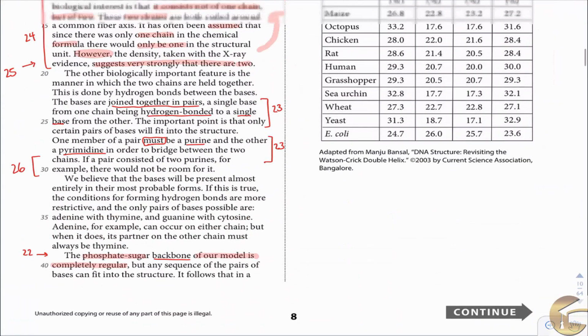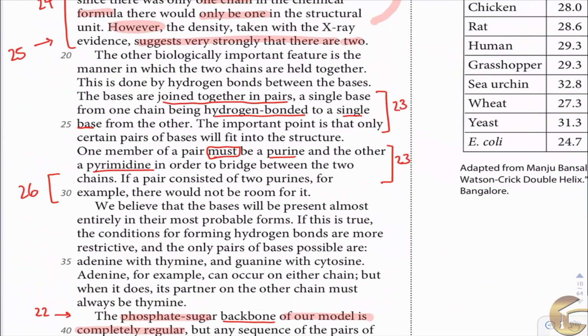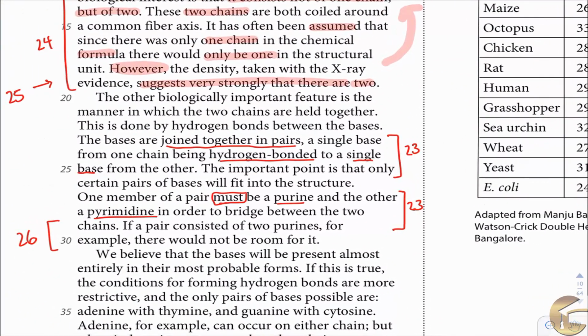So if you get your context, I'm looking at this paragraph starting on line 20, where they're talking about the chains. We've already read this: the bases are joined together in pairs, a single base from one chain being hydrogen bonded to a single base from another. We already read this part about that pattern.